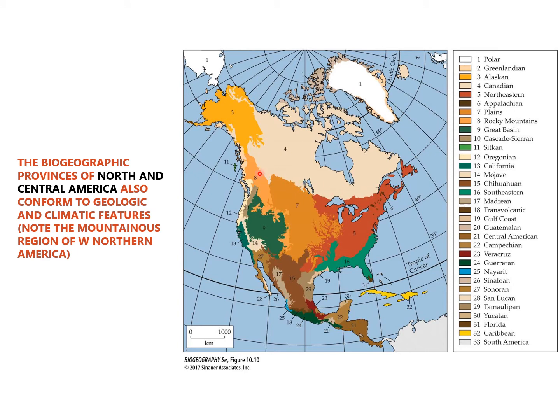If you compare that to the western part of North America, there are a lot more types of provinces. And what do we know about the western portion of North America? Well, there are a lot more mountains. There's the Rocky Mountains, the Sierra Nevada Mountains, and the other smaller mountain ranges that occur through here and in the Pacific Northwest and coastal areas in the Rockies.